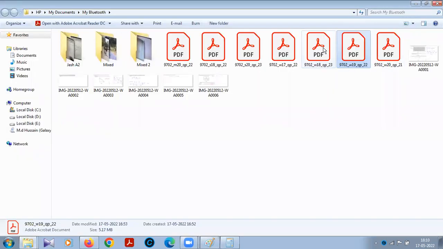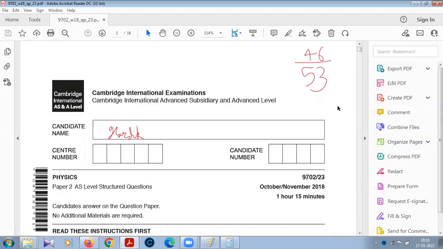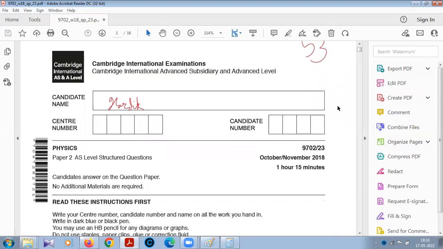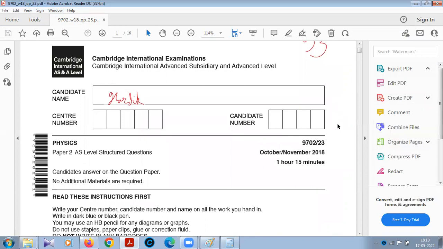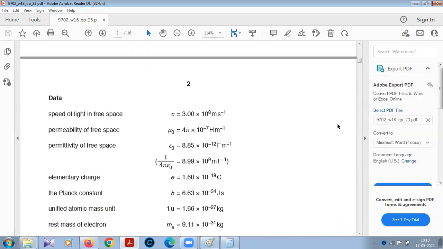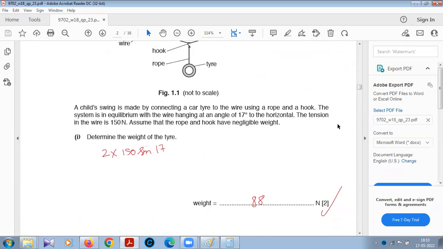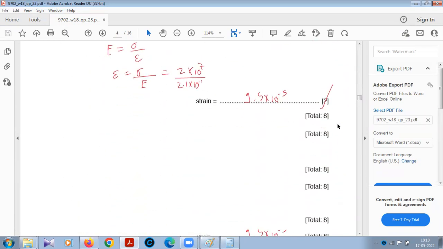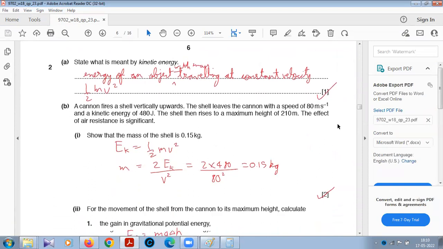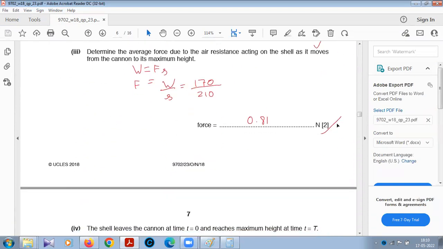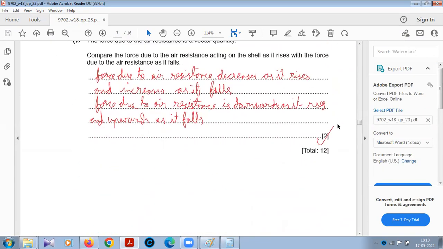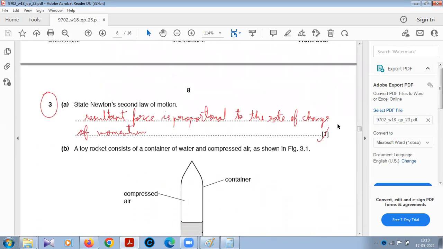Let's open another paper. October, November 2018. This one.